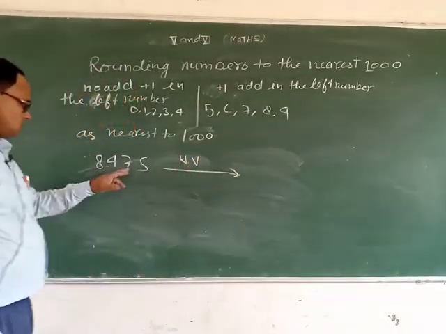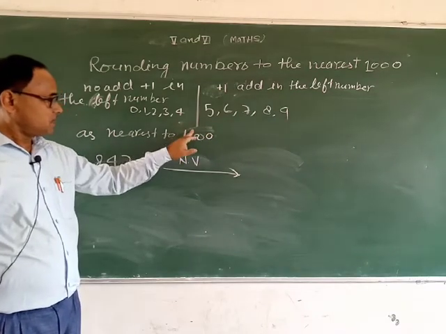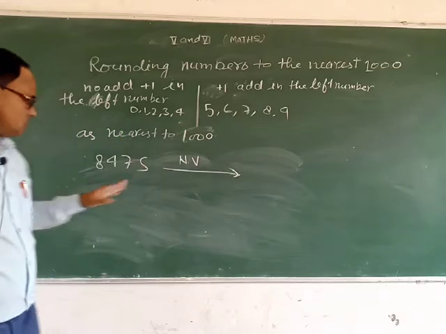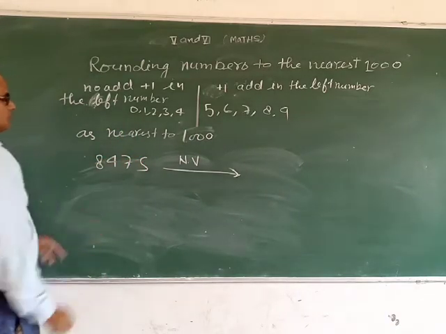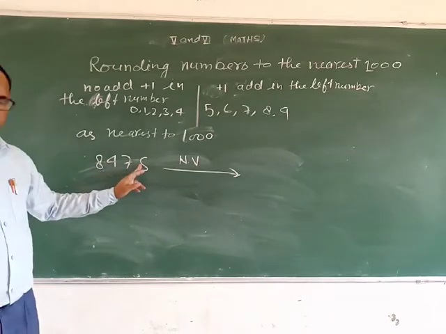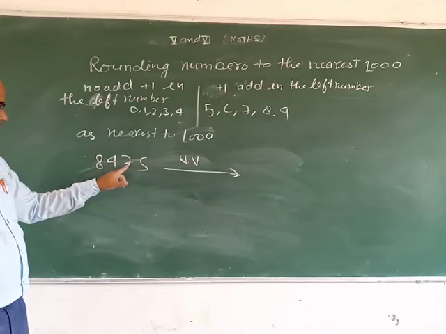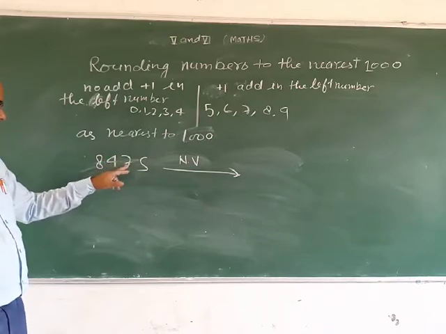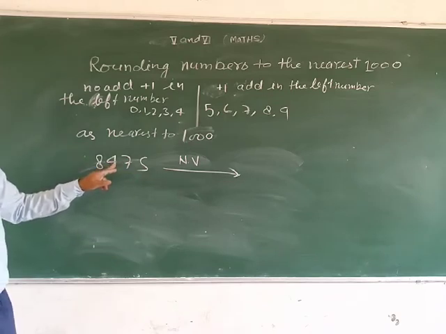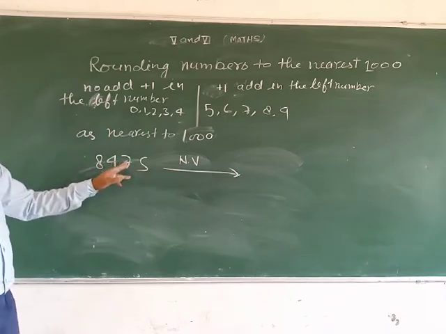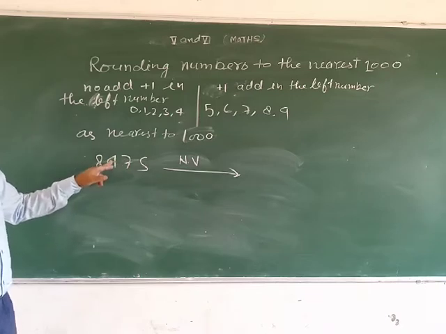Here observe that ones, tens, 100 place digit will be 0, and here 574. Here 5 terminate from here, then it gives plus 1 to 7, 8, and 8 terminate from here, it gives plus 1 add in 4.